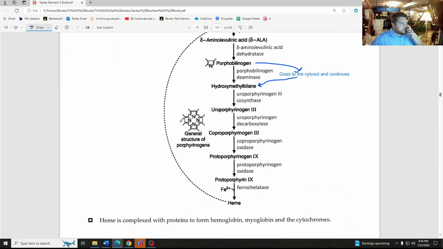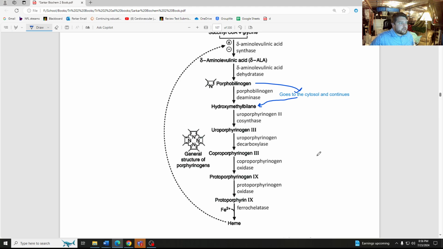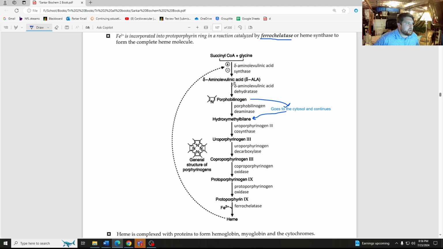A lot of these little extra guys, if you have the time and the patience to practice this a couple of times and go through it, great, learn all of them. If not, the ones that I would focus on, know that we're starting with glycine and succinyl-CoA, that we go to ALA, and that we go to the porphobilinogen.